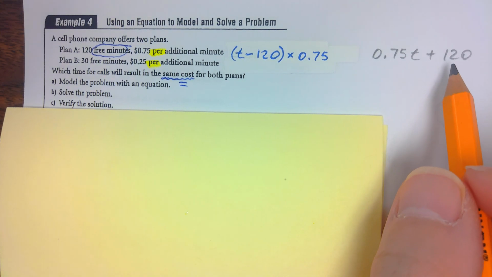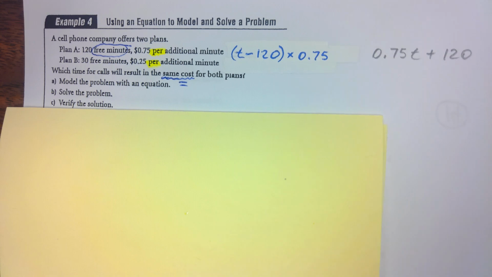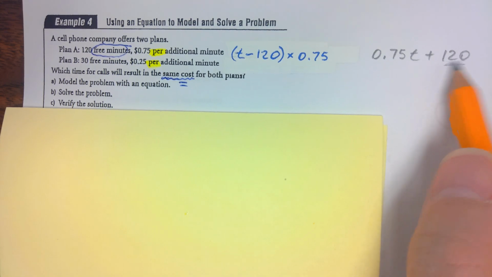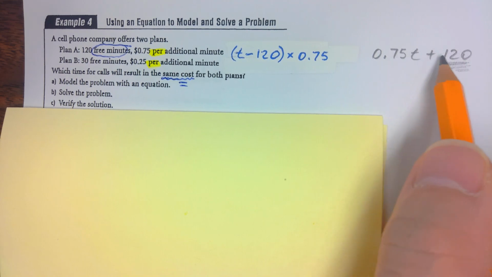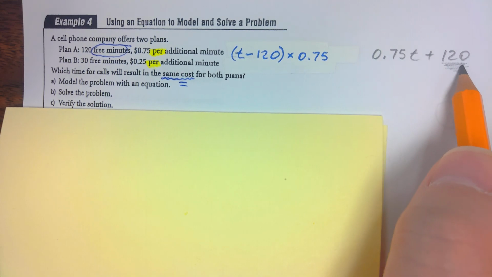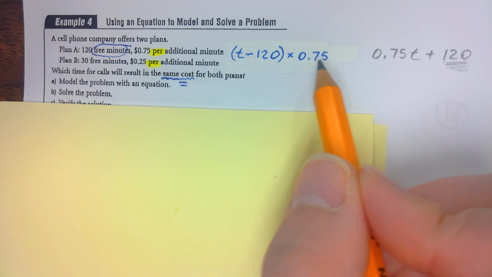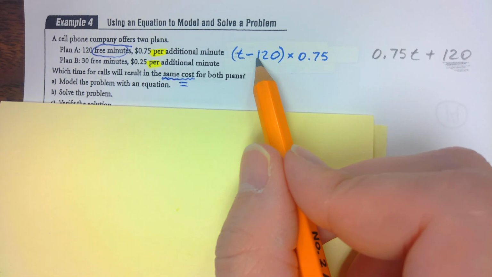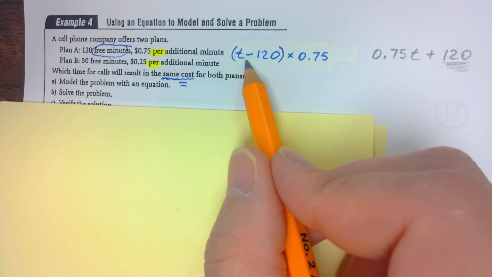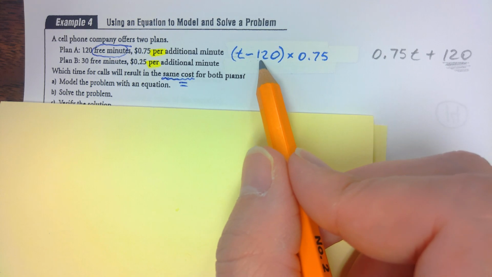But what does that 120 represent? In the equation, you're adding it as like money, not like time. Yeah, exactly. This 120 is time. It's not cost. So if you write it like this, you're saying the cost is 120 extra. So it's part of time. So that's why it's t minus 120.